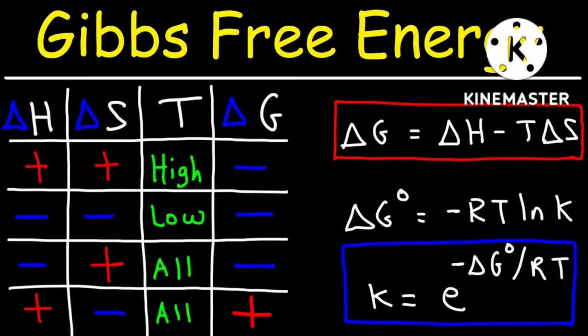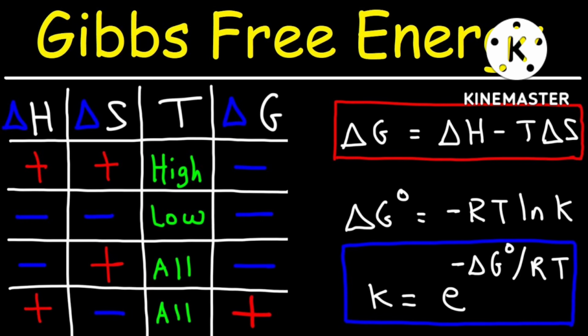Half became double because of 2 NO2. Then 1 divided by total, the same total as in the case of N2O4: 1 plus 0.5.